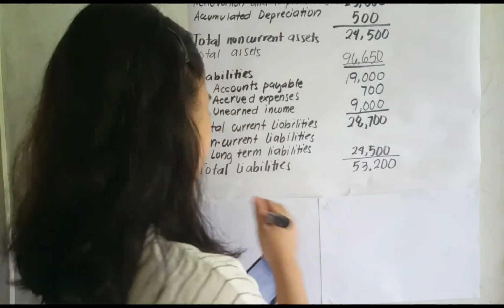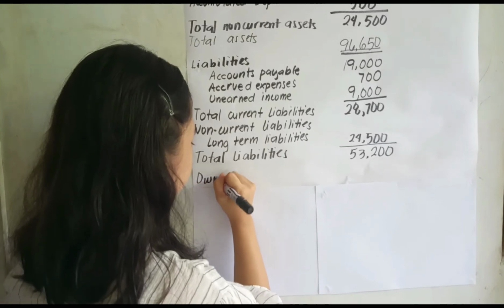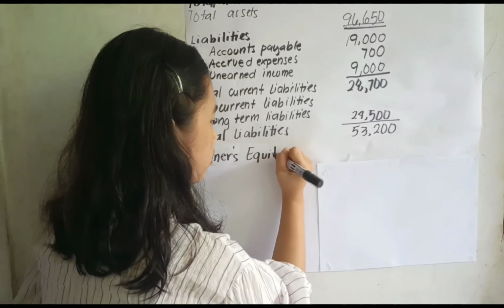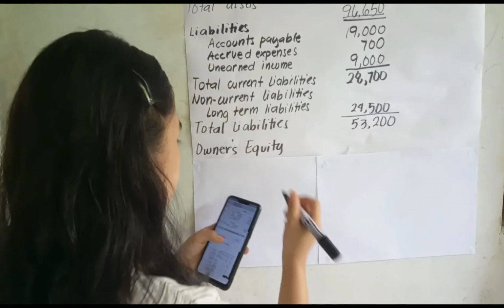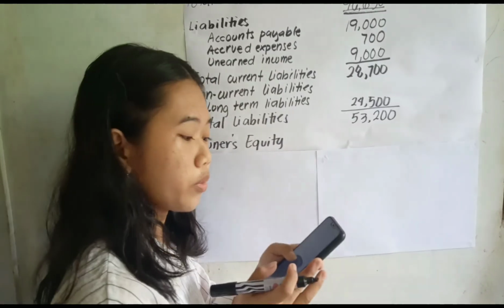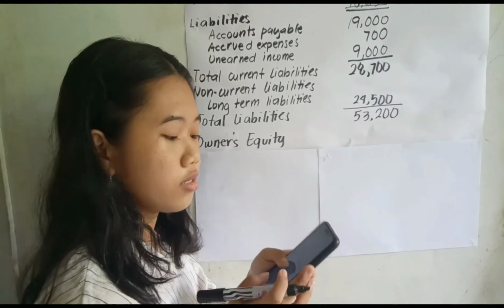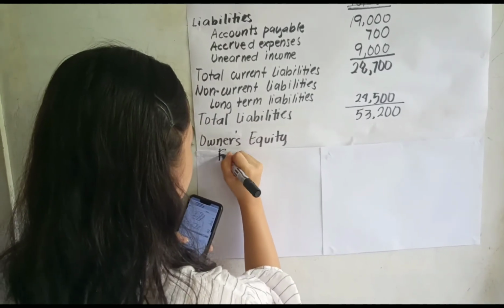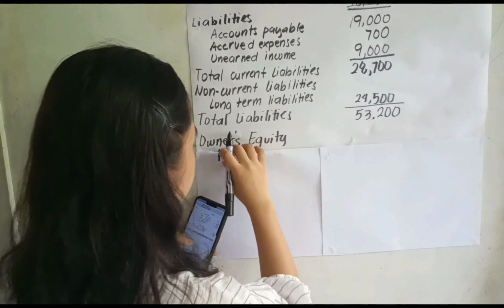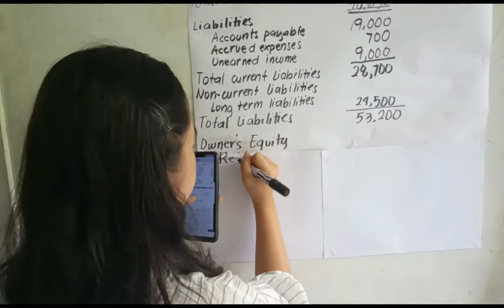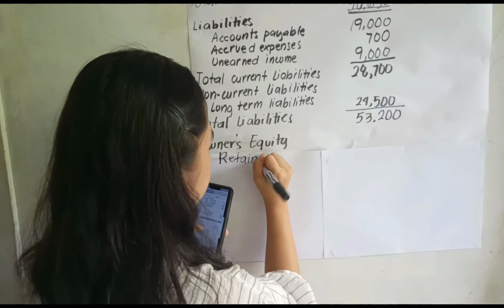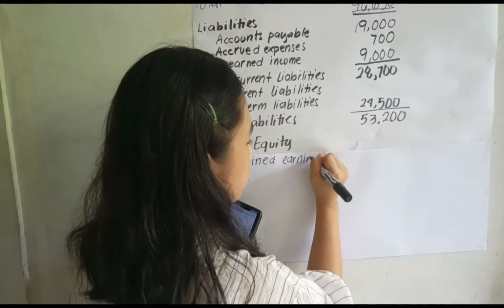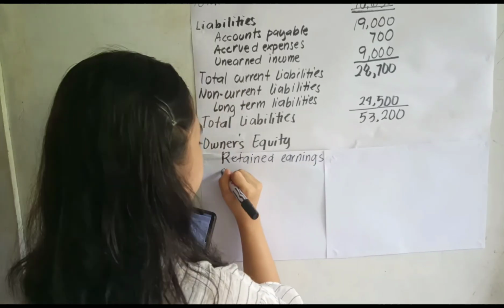Next is the owner's equity. The given in the owner's equity are retained earnings and common stock.